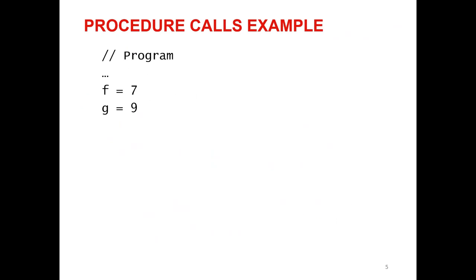Okay, so for instance, in a high-level programming language like C or Java, this will have this shape. We will have, let's say, two variables here, F and G, and then we will have a procedure or a function that in this case we have called swap, but you can name it as you want.